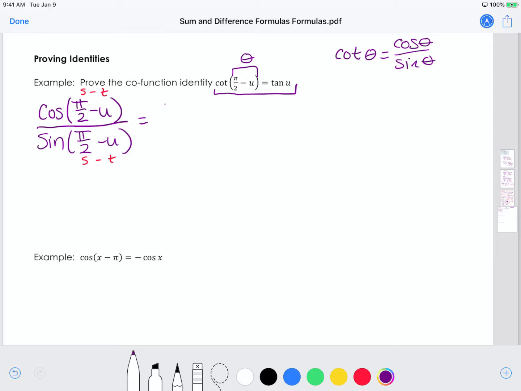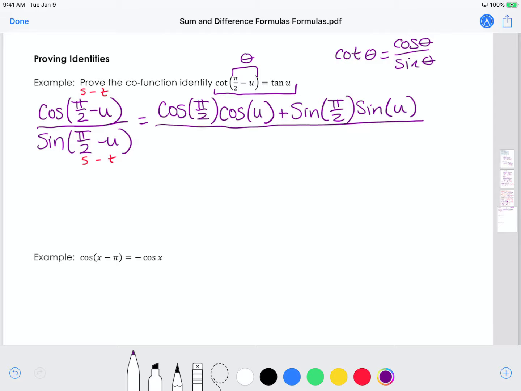So I have cosine of pi over 2 times cosine of angle u plus sine of pi over 2 times sine of u. So that's my formula for cosine of s minus t.